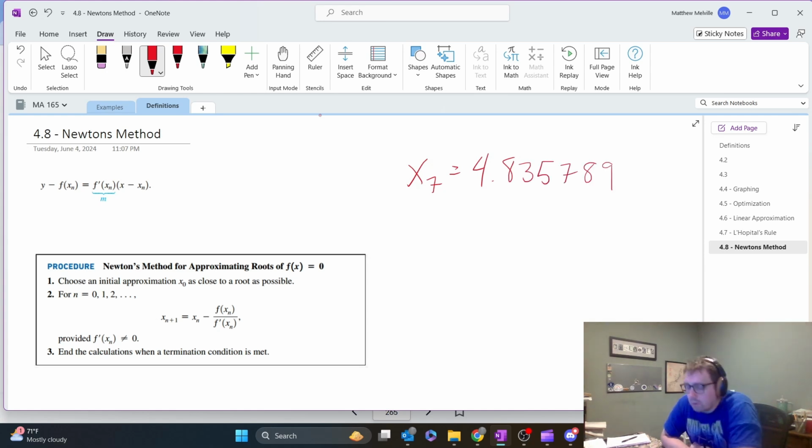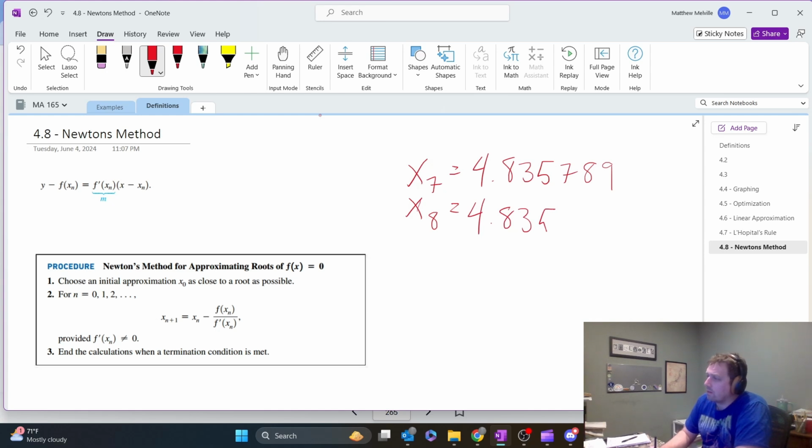Yes, these are going to be really, really hard roots, because if they were easy roots, we could do our other methods to solving this. So Newton's method is going to help us find these harder roots. Let's say x sub 8 is equal to 4.835590. So you see it's a little bit different.